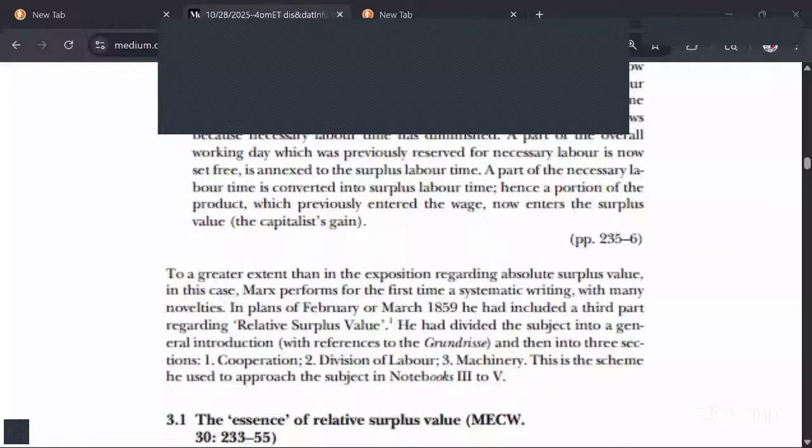In plans of February or March 1859, he had included a great part, a third part, regarding relative surplus value.